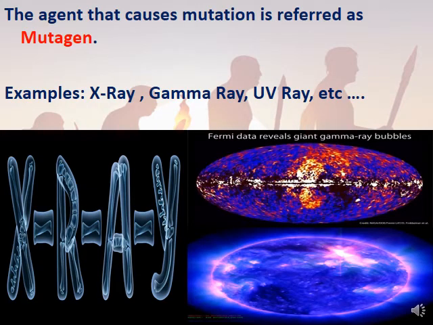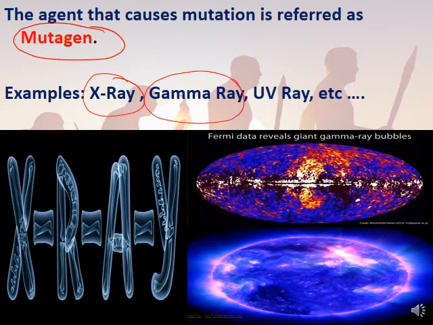The agents that can cause mutation are referred to as mutagens. There are very different types of mutagens, including X-ray, gamma ray, UV ray, and many others.